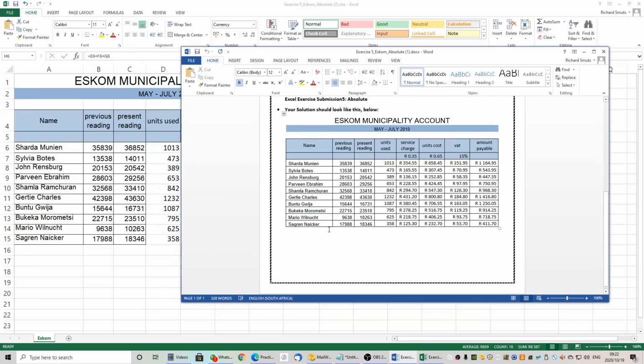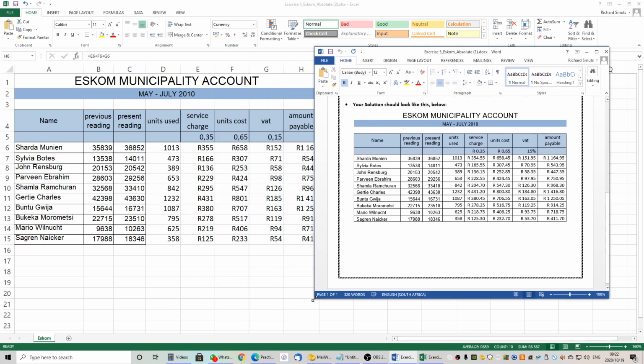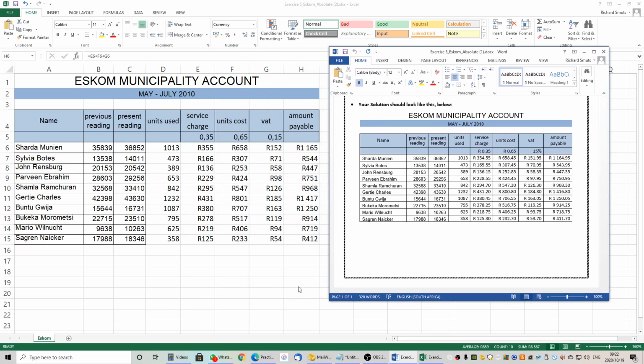If we have a look at our question paper, I hope you can see this. I'm going to make it a little bit smaller. In my case, I haven't used two decimal places. I'm not doing the exact exercise for you. But please, when you have completed the unit, go and check that your amounts match.